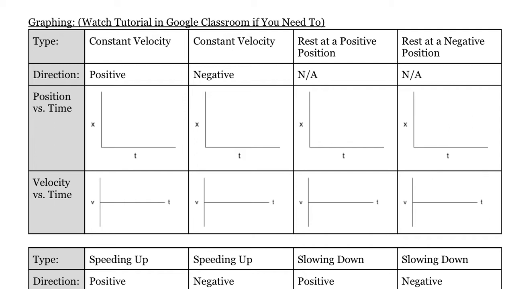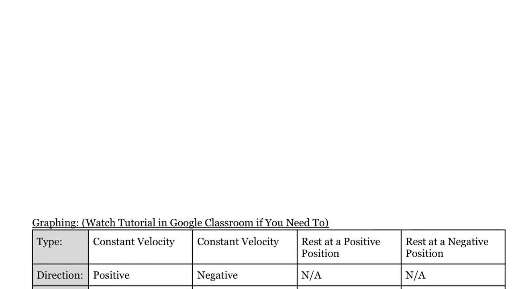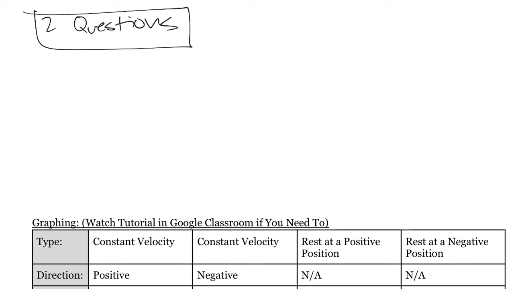Before I actually do the graphs that are on your review, we need to talk about 2 different things, and those are the big 2 questions. Every time you do a graph, doesn't matter if it's position or velocity, there are always 2 questions that your graph has to answer.